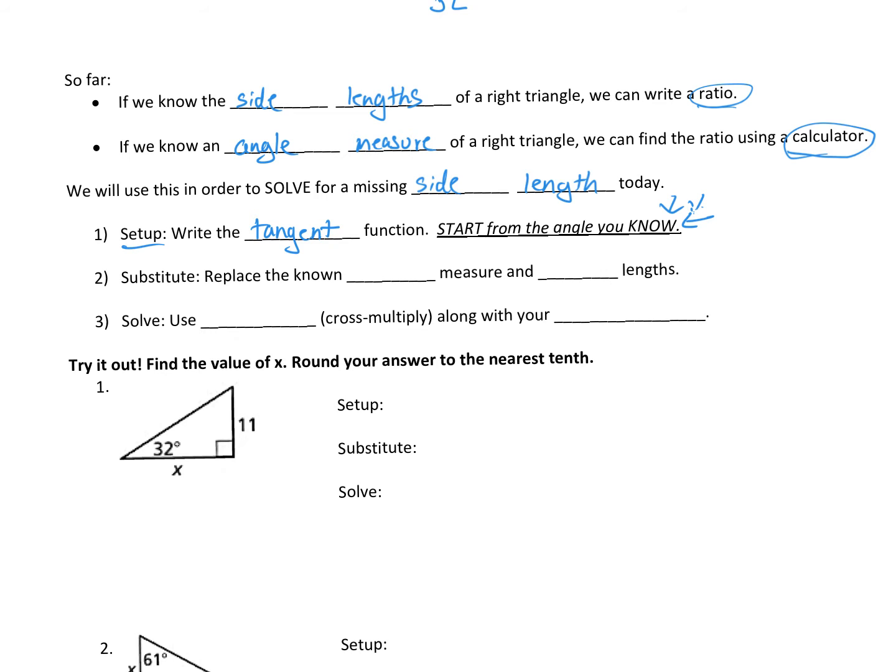Then we substitute and we replace the known angle measure and side lengths. Then when we solve, we use our algebra skills and we cross multiply along with our calculator.